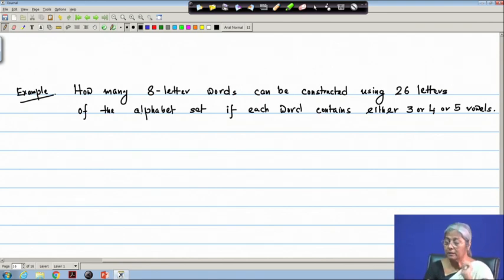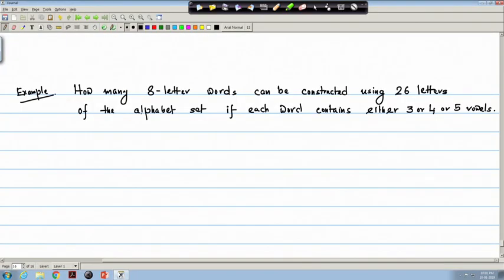So, the problem is that I have to frame an 8 letter word from the 26 alphabets, A to Z, satisfying the property.